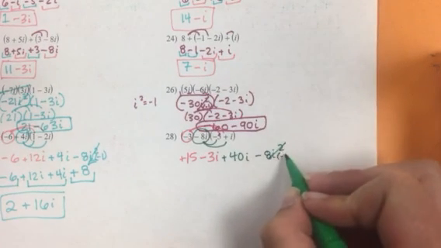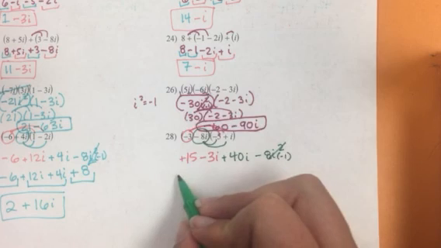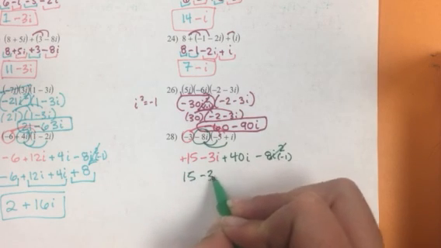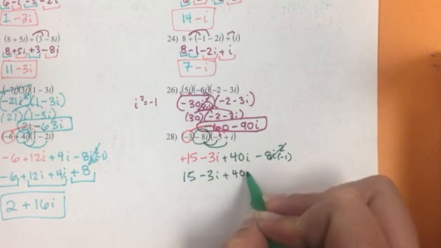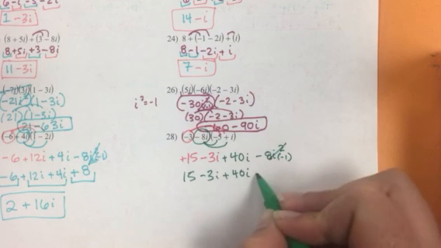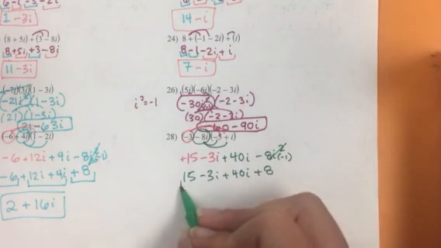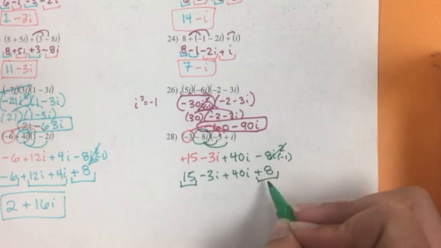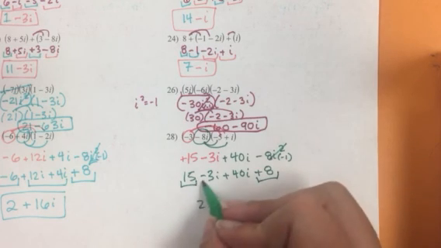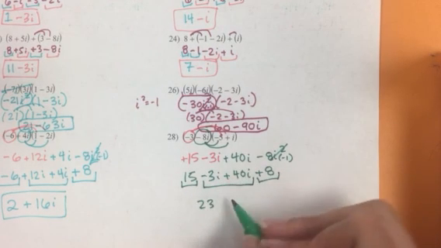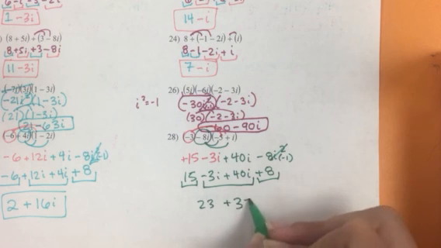I squared, I put a negative 1 in to cancel it out. That changes the two negatives into a positive 8. 15 and 8 make 23. Negative 3i and positive 40 make a positive 37i.